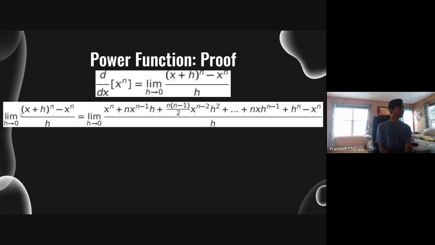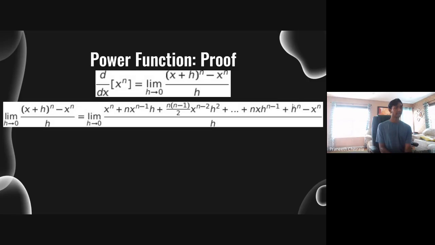So substituting the value for x plus h to the n power, we have x to the n plus n times x to the n minus 1 times h plus n times n minus 1. This is just n choose 2, so don't worry about that. Times x to the n minus 2 power times h squared plus all of this stuff.